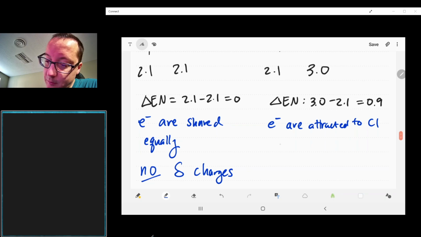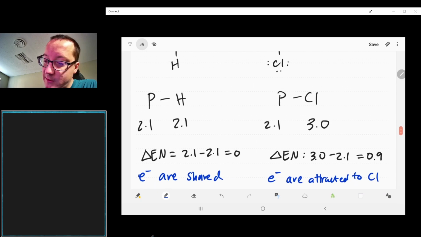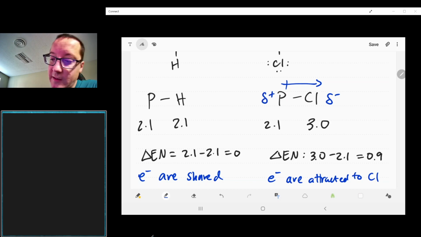And so we're going to see that if we want to indicate that, we can use our dipole moment arrow to show that we have electrons moving towards the chlorine side of that bond. We could also indicate our partial charges there.